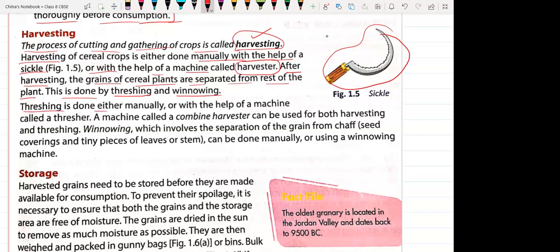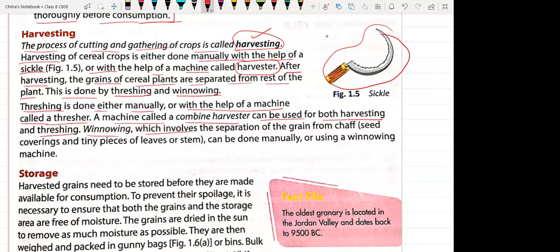Threshing is done either manually or with the help of a machine called a thresher. A machine called a combine harvester has harvesting as well as threshing together, and can be used for both.